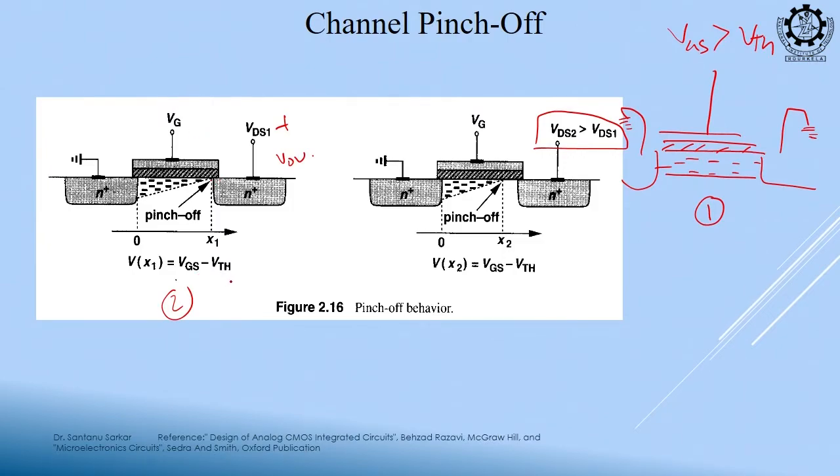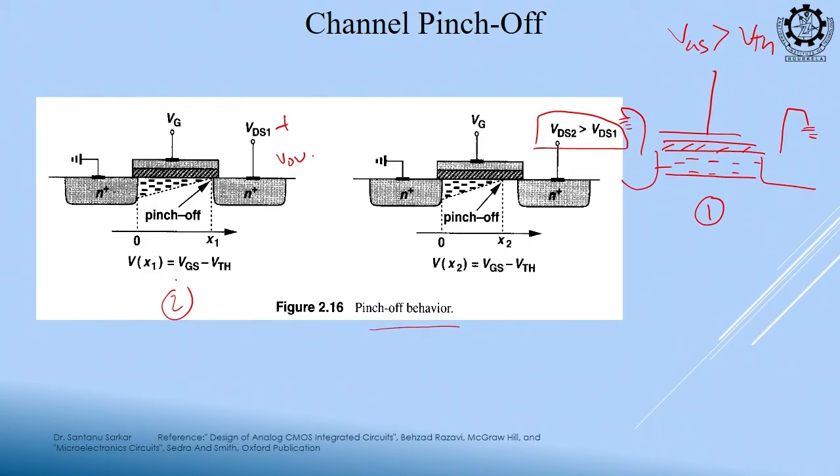VGS minus VTH minus VDS, and VDS is also VGS minus VTH. So, this field is just 0 at this end, and at the other end, as VDS is higher, this is opposing this vertical field and the channel moves away to the left. So, this is our channel pinch off behavior.